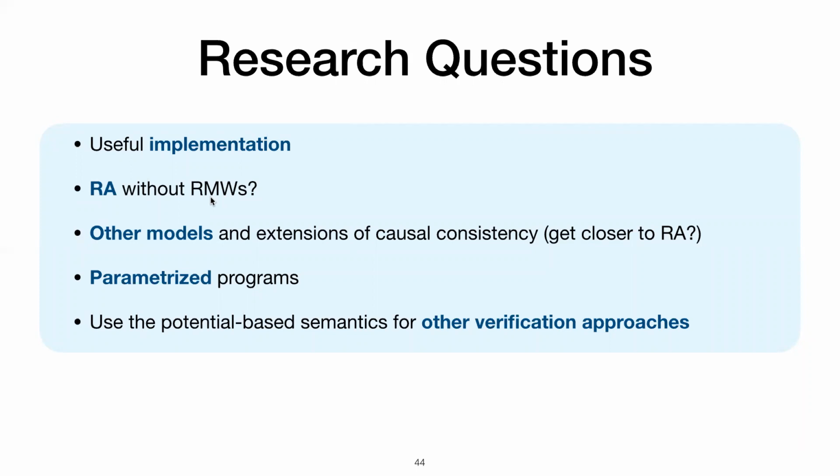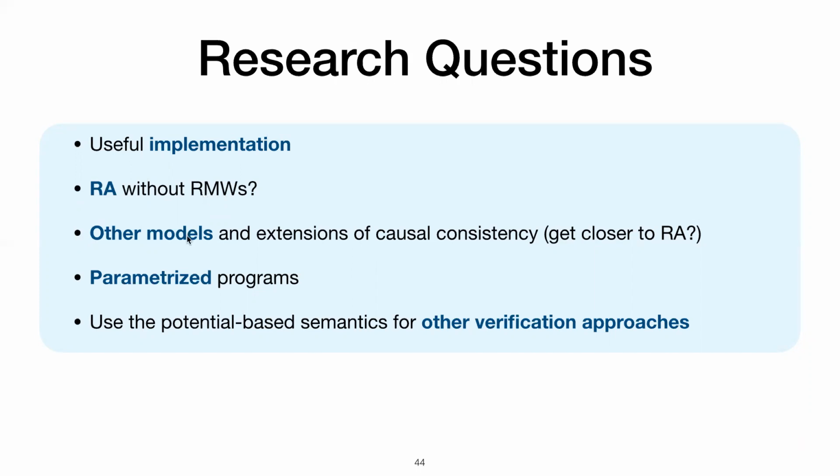On the other hand, if you look at the undecidability proof, they crucially use RMWs, these atomic read-modify-writes that I didn't talk about. So it's still open if RA is decidable without these, as far as I know, and perhaps the potential framework would be useful for this, or maybe not.